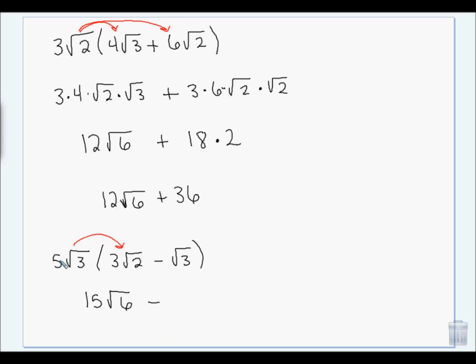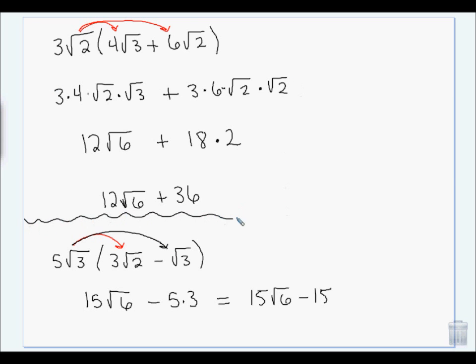And then 5 times 1 is 5, and then the square root of 3 times the square root of 3 cancel each other out. So, you know, you can do this without having to write in this central step. I mean, I know what they look like. I don't know all of them.